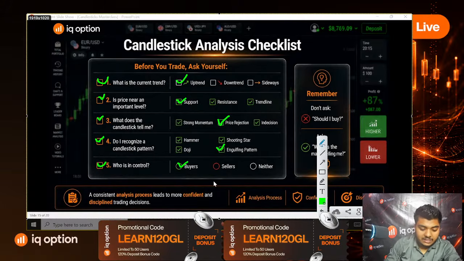The checklist helps you to slow down, stay objective, and avoid making decisions based on just one candle. The more consistently you follow this process, the more confident you will become when reading price charts.